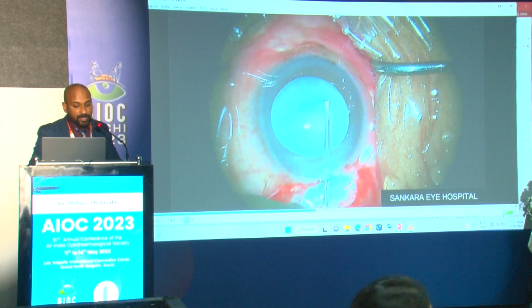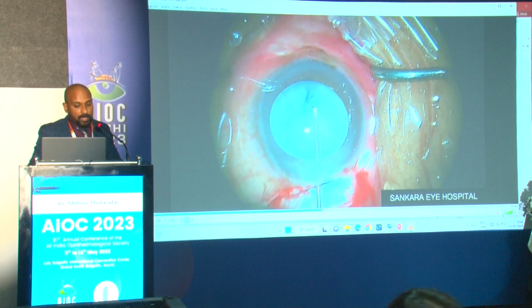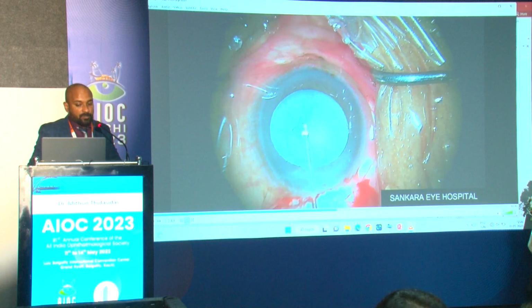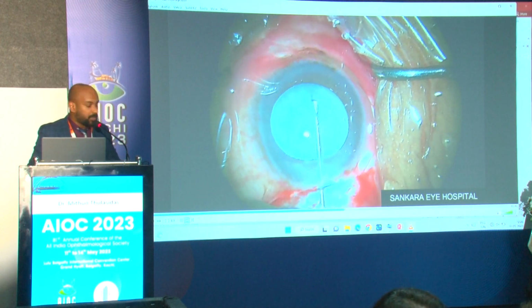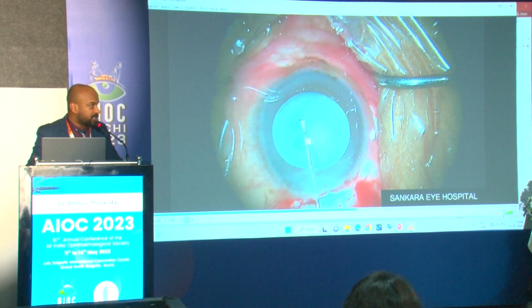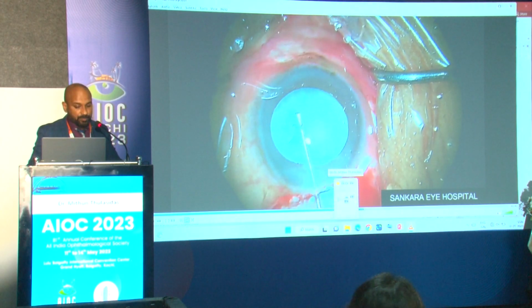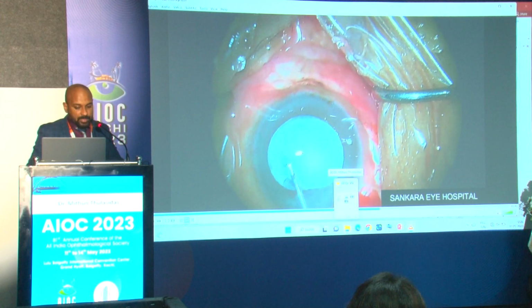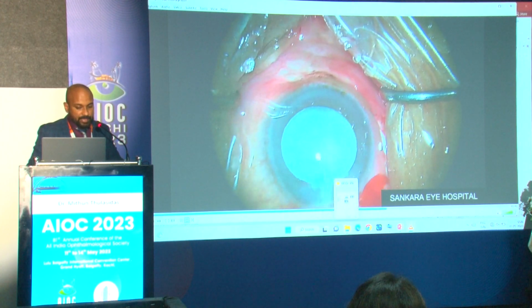So it doesn't allow the anterior chamber to collapse, and then we can proceed without any difficulties. Also the visualization will not be hampered, because what I believe is when the visco gets mixed up with the liquefied cortex, that basically hampers the visualization. So then here I complete the rhexis, and it's almost well centered and circular.